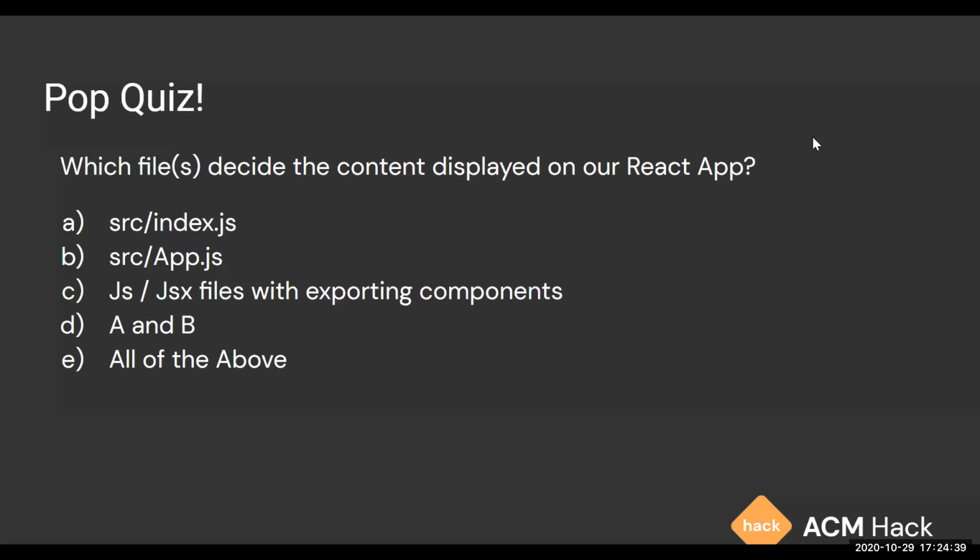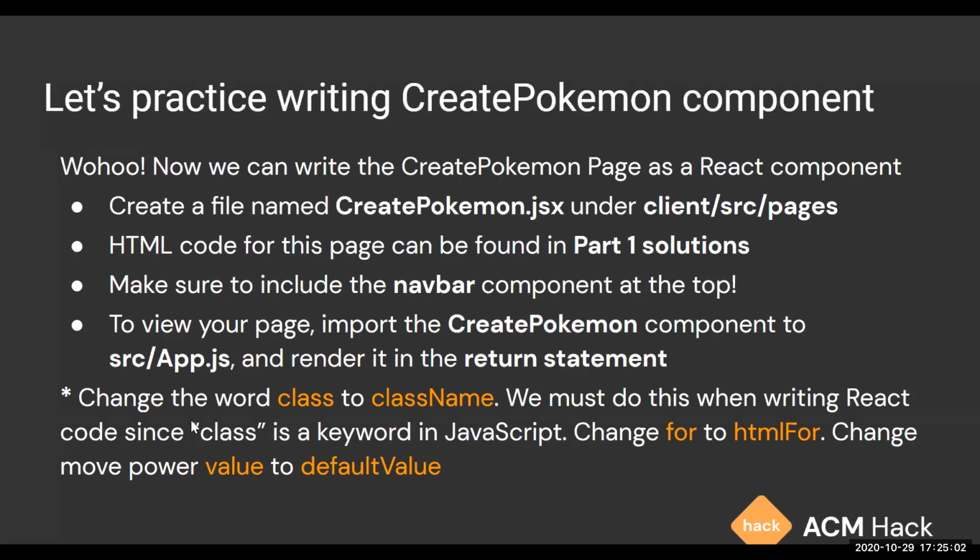In index.js, we return a component called App, which is defined in App.js. So if we have defined maybe 3 components and we want to render only one of them on our page, we put that in App.js. And the reason I asked this question is that it's going to be helpful in this part.